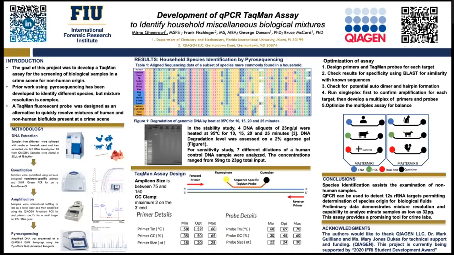We want that probe to be specific to our species of interest. And then at that stage, once you design them and you purchase them, you start to test different designs to come up with the best design possible for this assay.